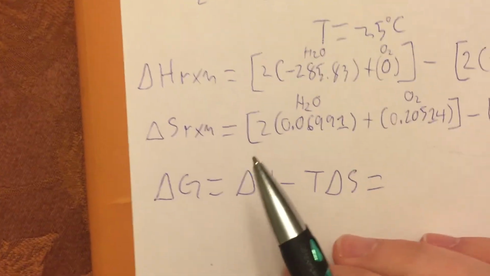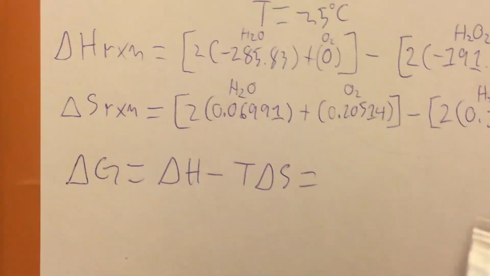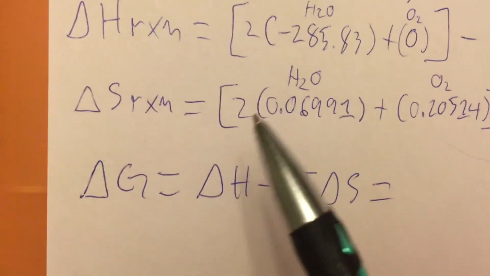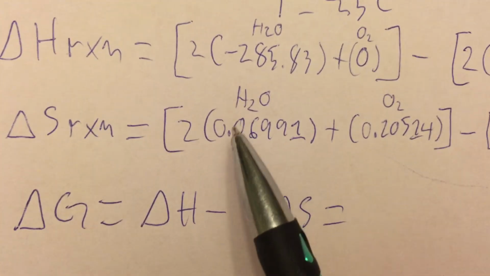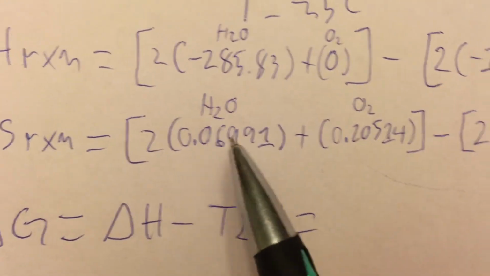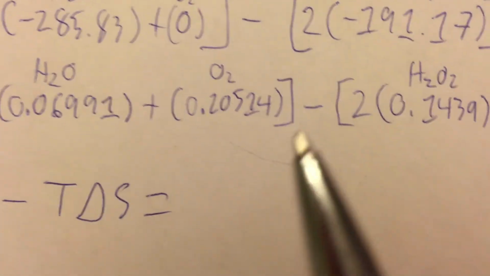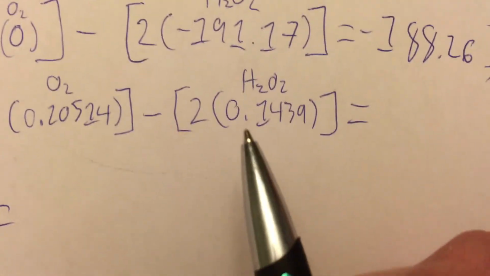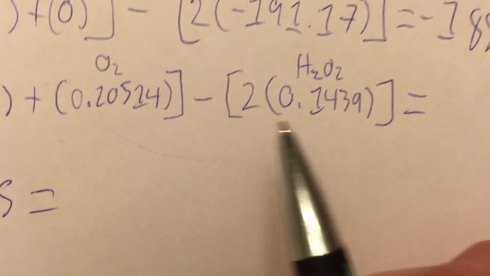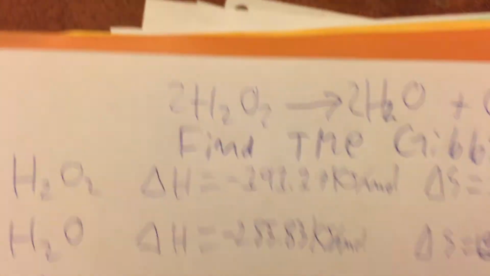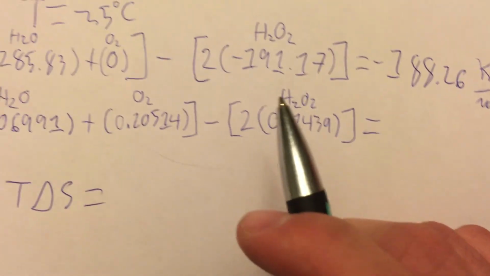Excuse my handwriting. Now for entropy, you do the exact same thing. You multiply the H2O value by 2, add it to the oxygen, you have the products together, and subtract that from the reactants. You have to multiply that by 2 because you have to remember there's two H2O2s.